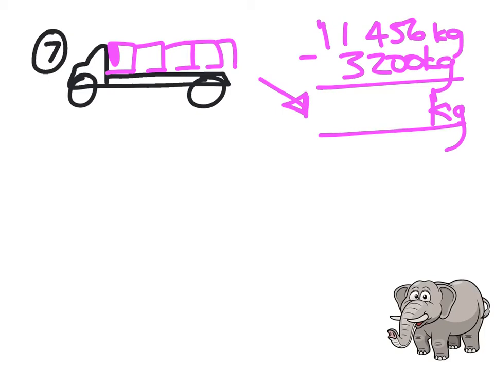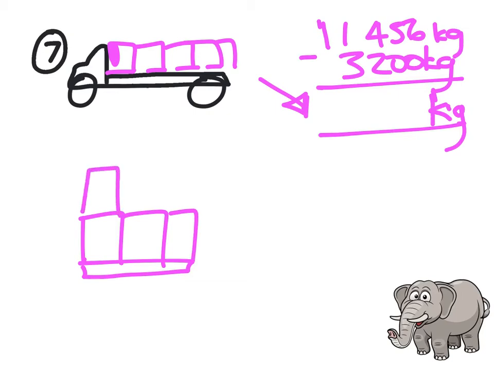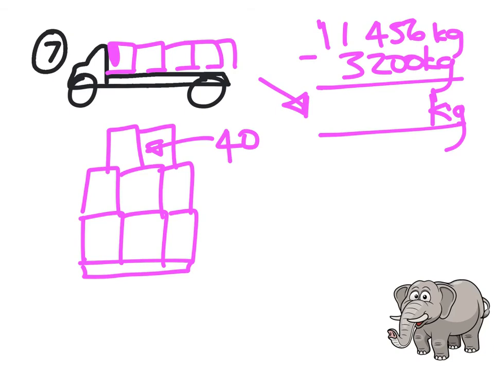Now the question is, what is on the back of the truck? On the back of the truck you've got a pallet, and on that pallet you've got 8 boxes. Okay, and then inside each box you've got 40 toys. So 40 toys in the first box, in the second, the third, the fourth, the fifth, the sixth, the seventh and the 8th boxes.